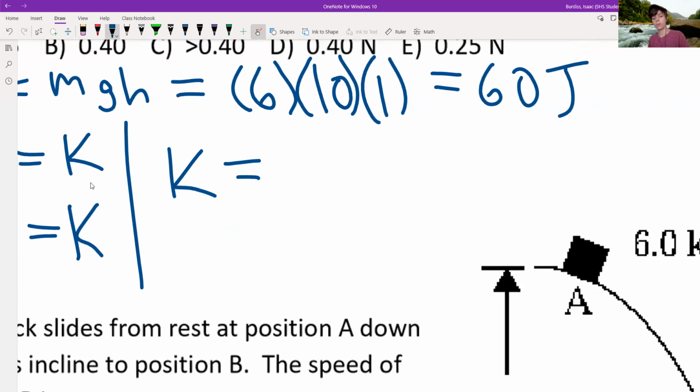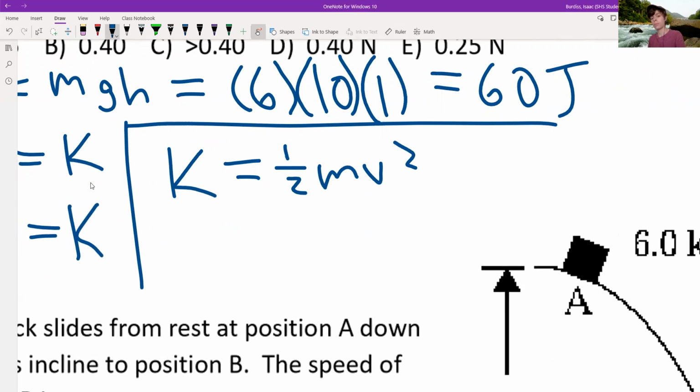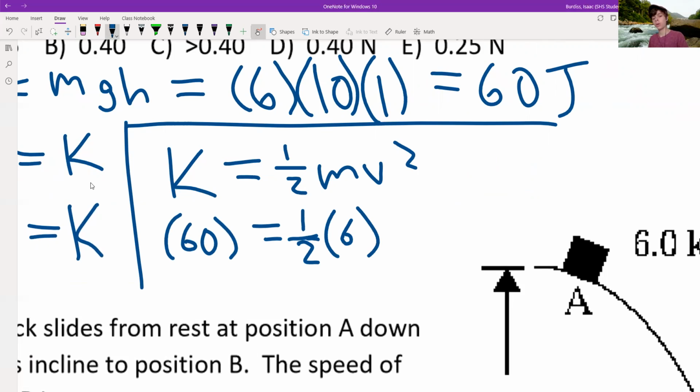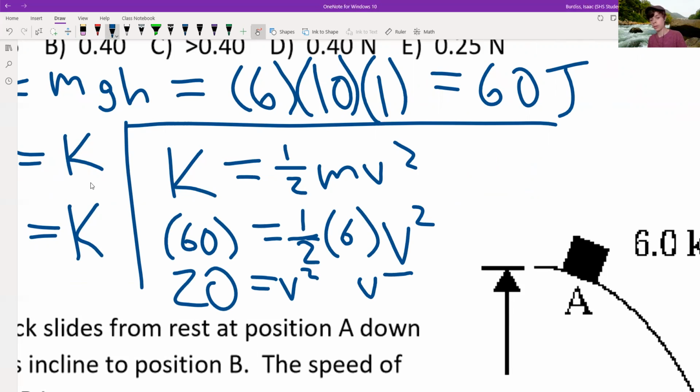Kinetic energy equals 1/2 mv squared. Our kinetic energy was 60 joules. Our mass was 6. Our velocity was what we didn't know. So that would give us 20 equals v squared. So the velocity equals approximately 4.4 meters per second.